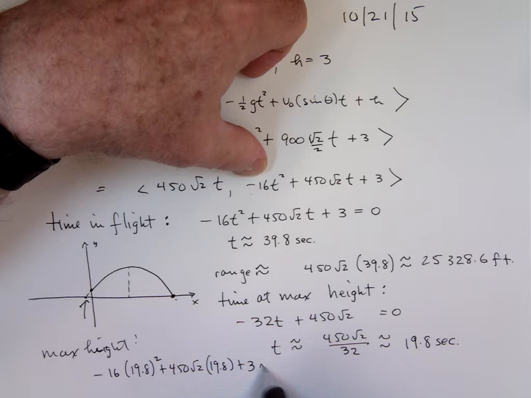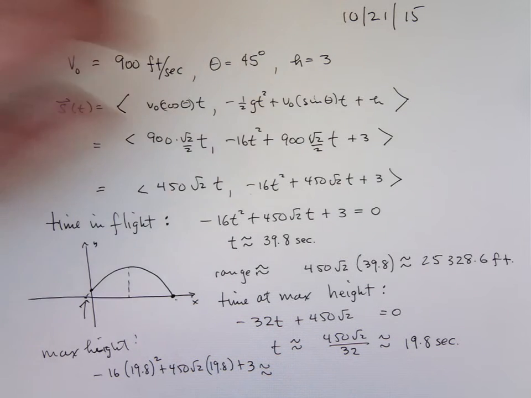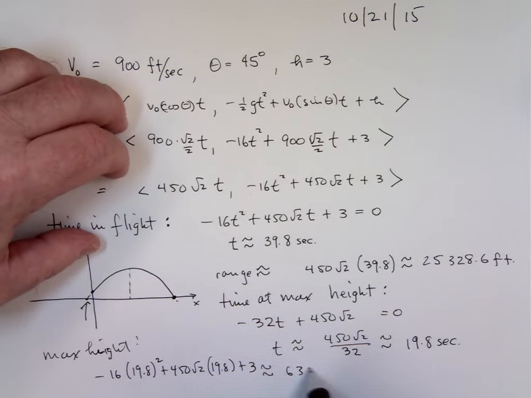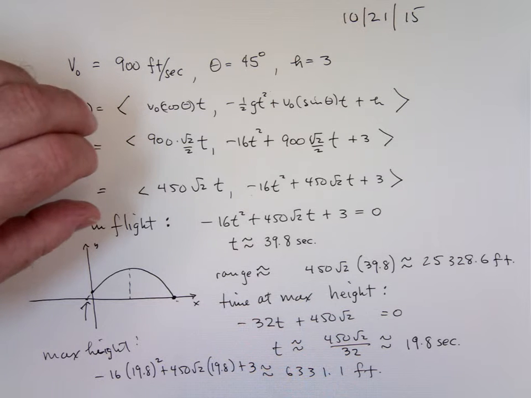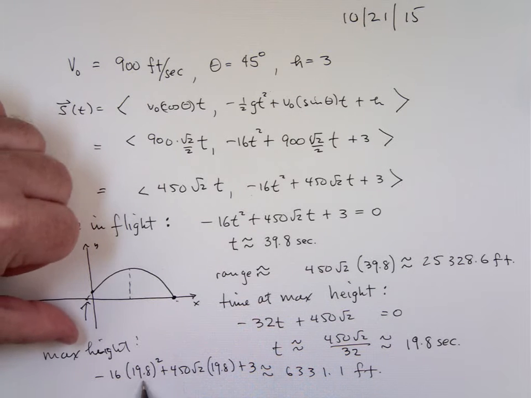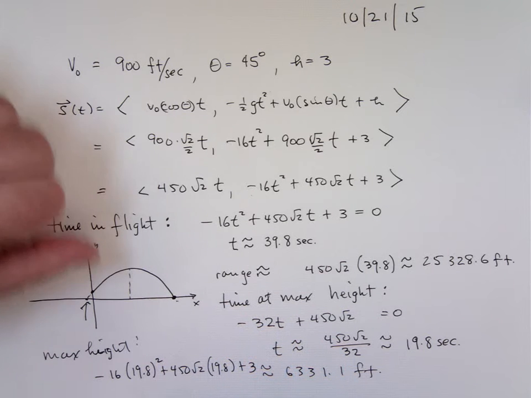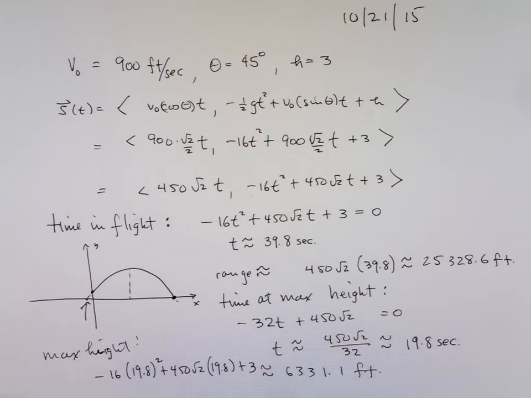Holy mackerel. The max height would be, I don't know what it is. 6,331.1. Sounds good to me. So you plugged the 19.8 into the original for t? Yes, into just the y component. That's what this will give you.